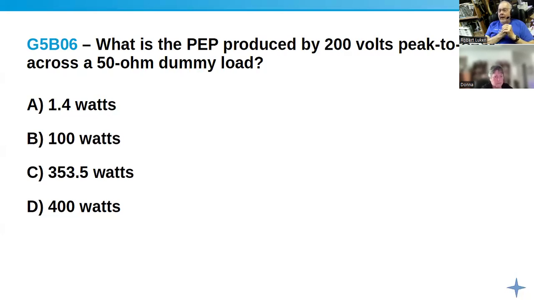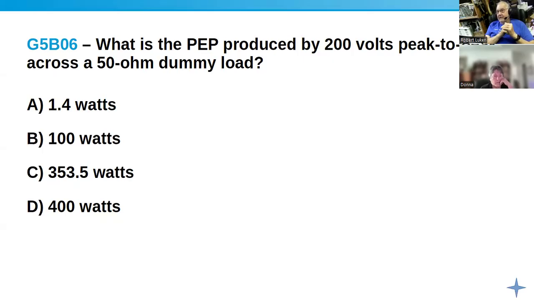Remember, peak envelope power is the RMS power. So I have to convert my 200 volts peak to peak to RMS voltage, which is the peak voltage times 0.707. Which voltage, peak to peak or peak? That's peak, so I have to divide by 2. So that's 100.